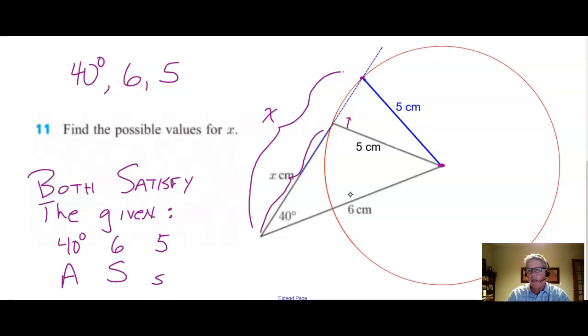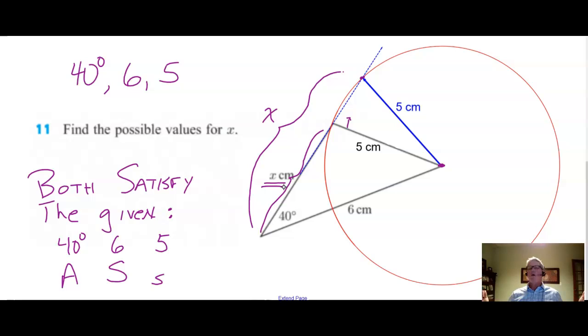Some days you'll catch it. But I'll tell you what, using the law of cosines to solve for this side always flushes out if there's two sides. So that's the beauty, you don't have to see the picture. You can trust that the quadratic, if there are two possible sides, you're going to get two positive numbers when you solve the quadratic.